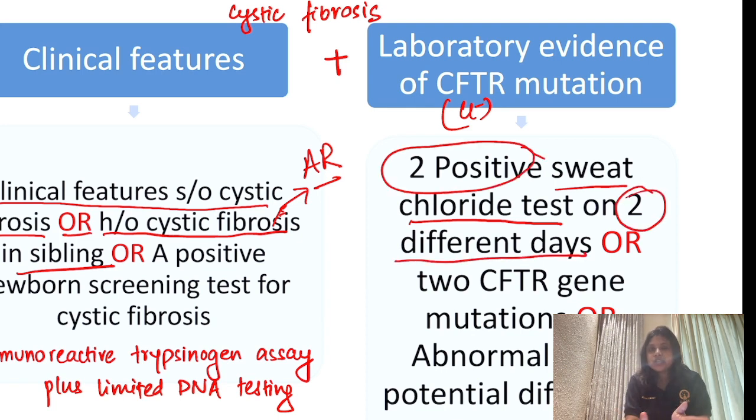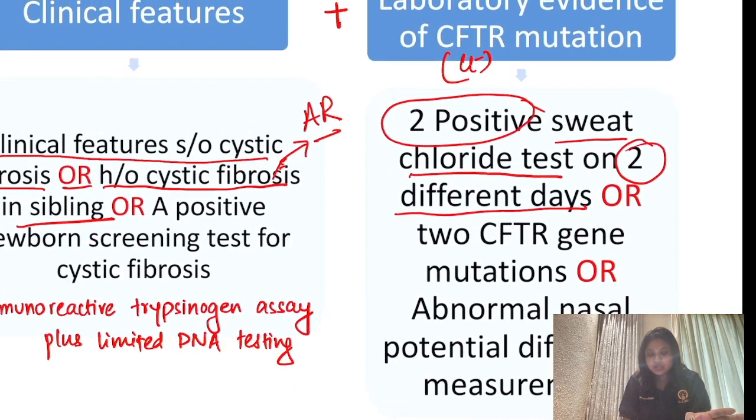So if you're doing a test on Wednesday and that comes out to be positive, you repeat the test after two weeks and that also comes out to be positive. So you get the sweat chloride test positive on two different days. A positive sweat chloride test is more than 60. Okay, that gives you a positive sweat chloride test. So you know that it is laboratory evidence of CFTR mutation, or two CFTR gene mutations, not one.